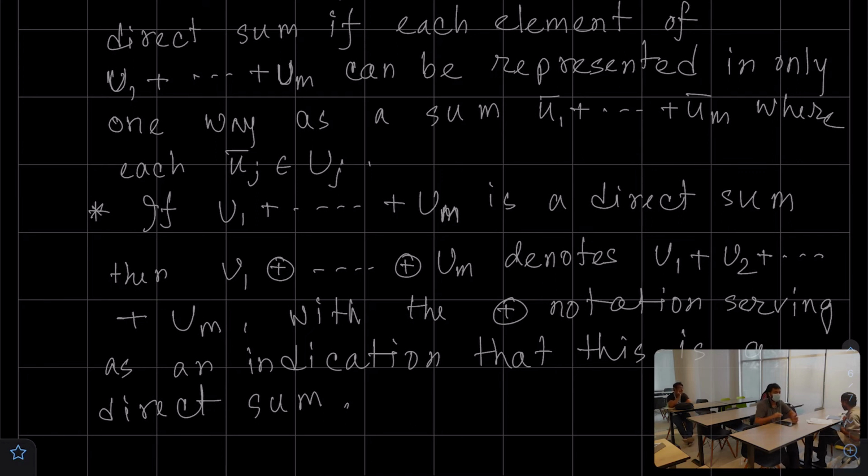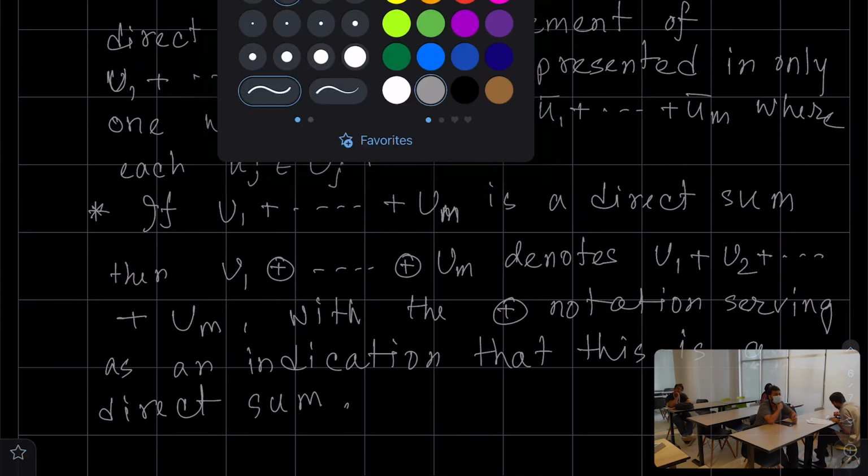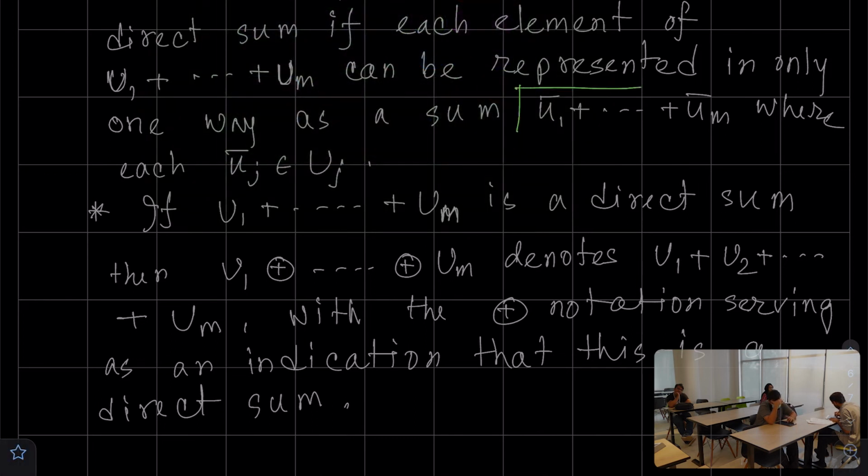Okay, so what we are considering here is important: it can be represented in only one way. We are not considering any other way. We are considering just a unique way to represent a vector in this form.